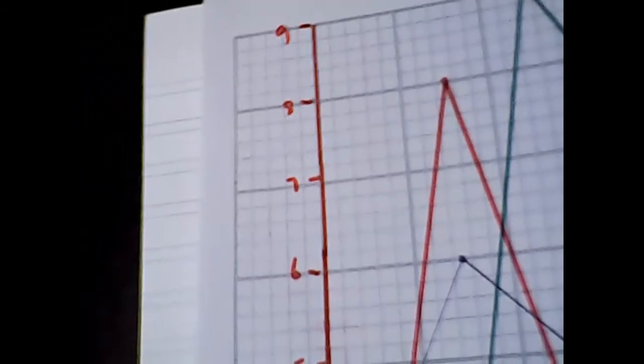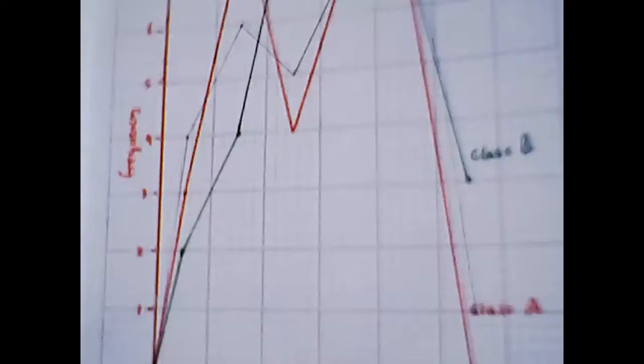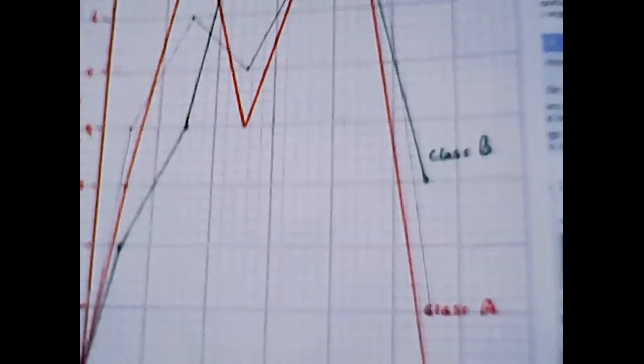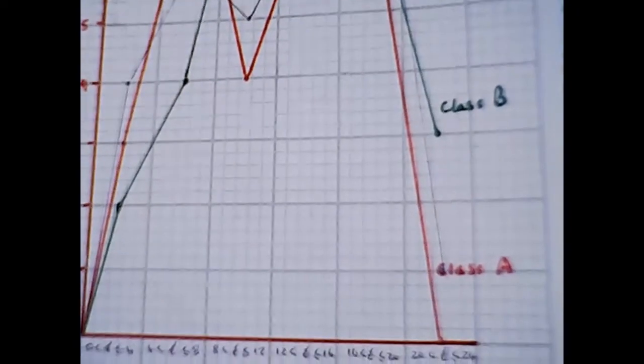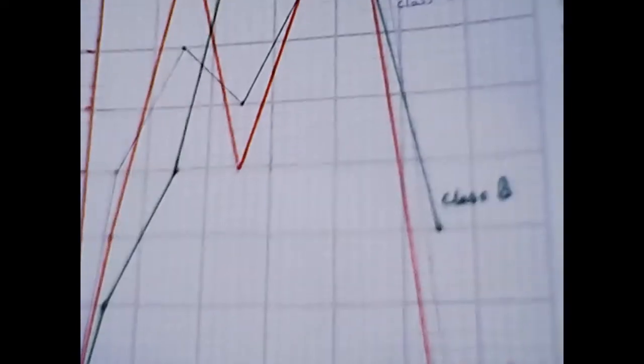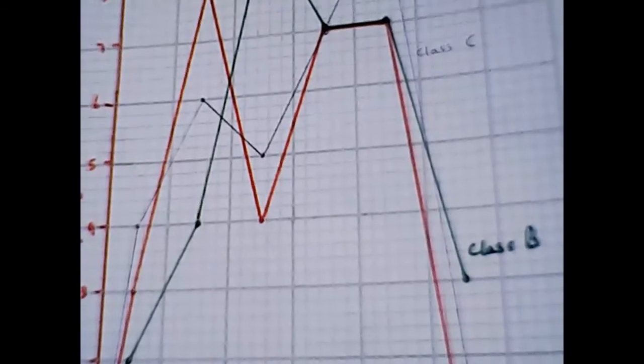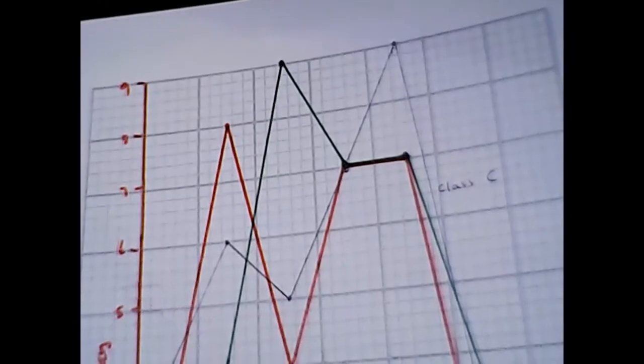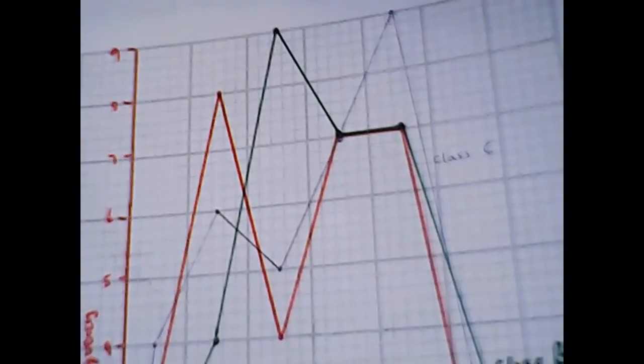Okay, and then I did the 3 classes on one diagram, in different colours. The red is class A, green is class B, and the biro is class C, sorry. And then I just drew the plots on the graph.